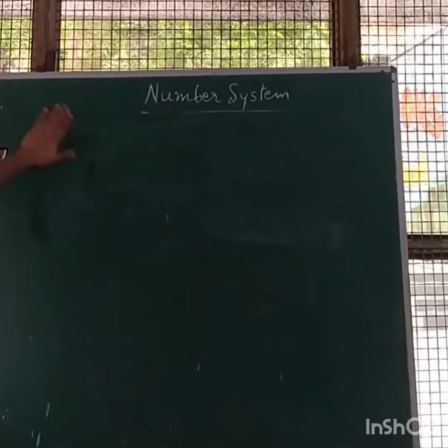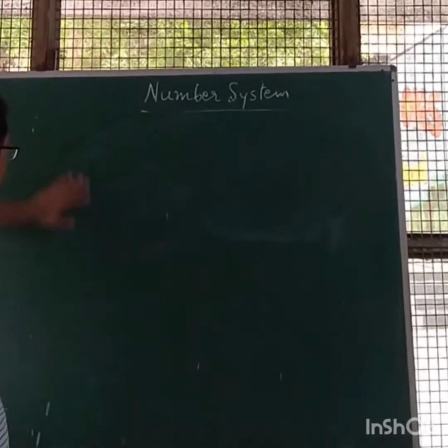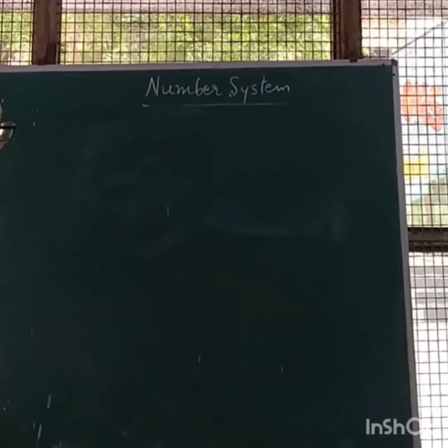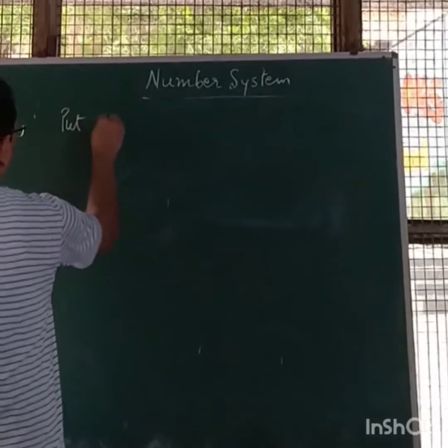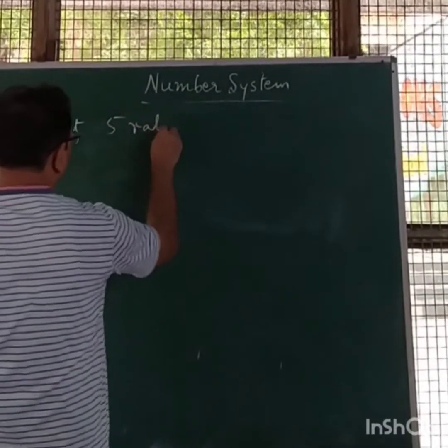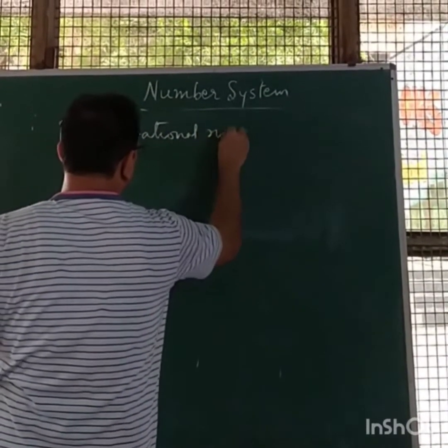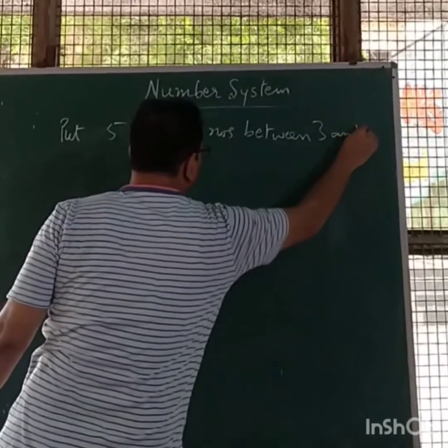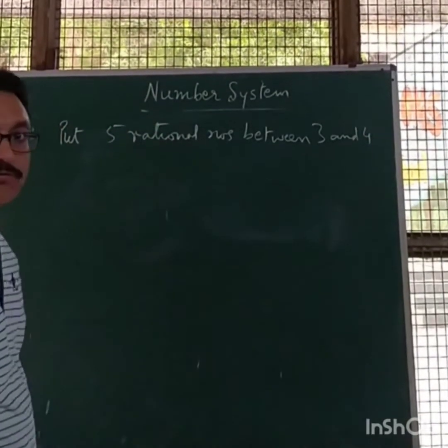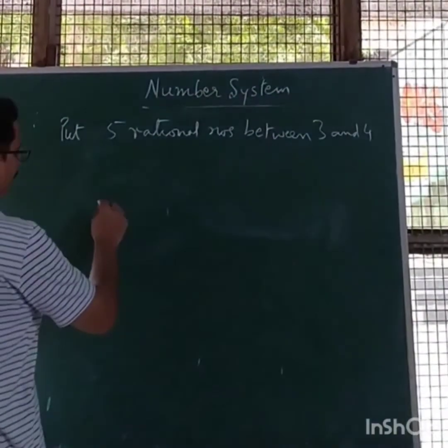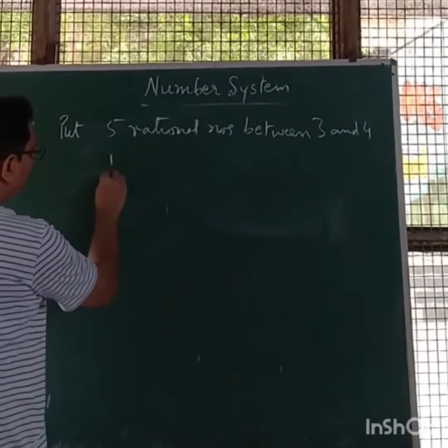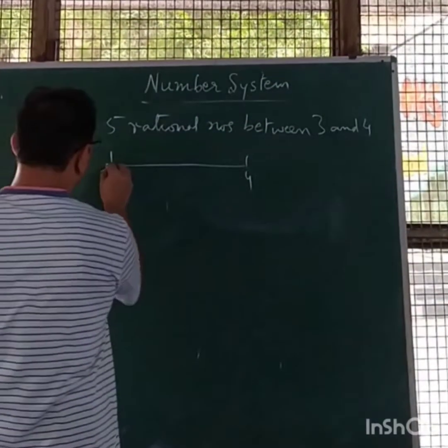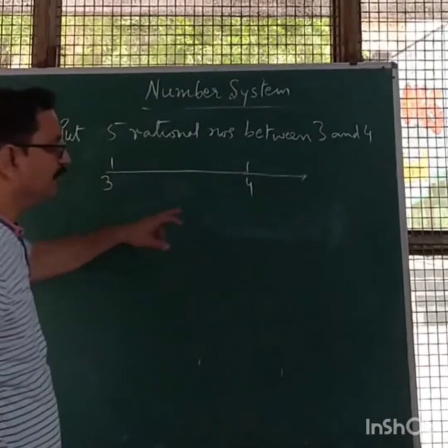Now look here: put 5 rational numbers between 3 and 4. So what is the method? For example, let 3 and 4 be here on the number line.